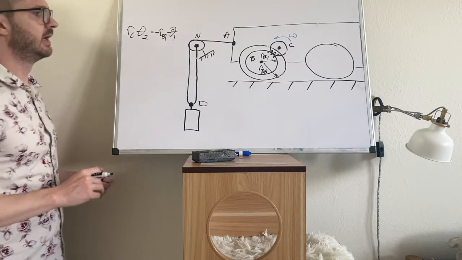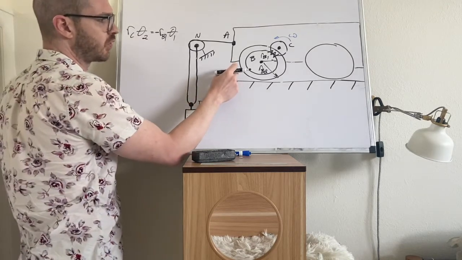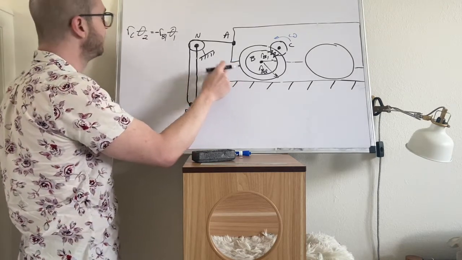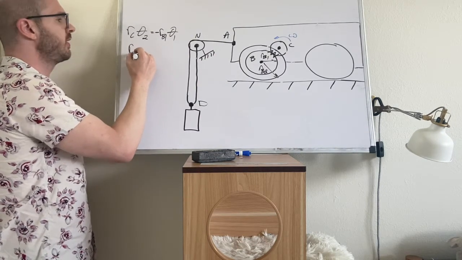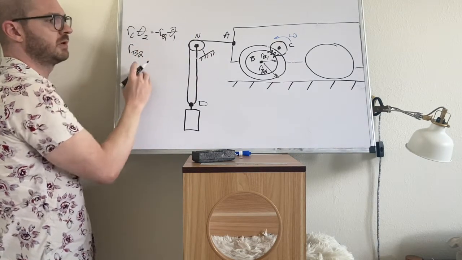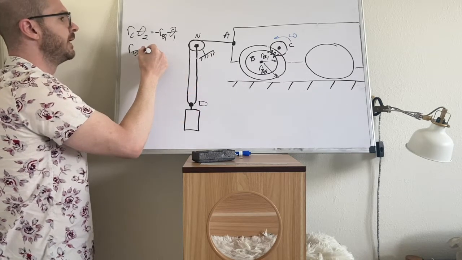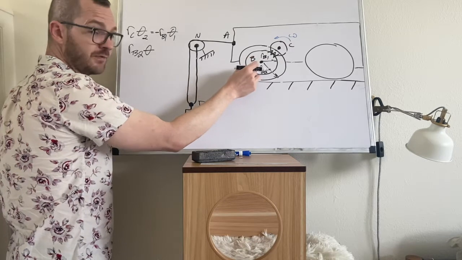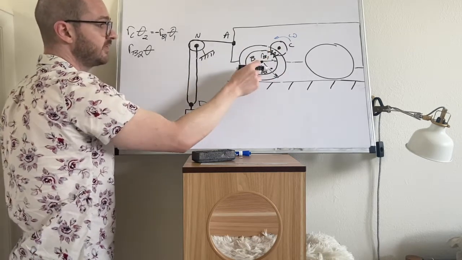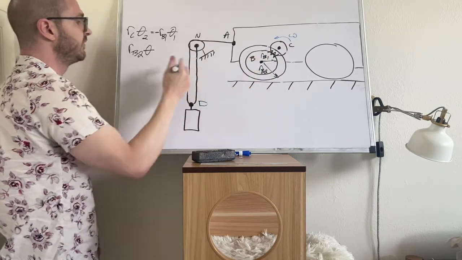Next, let's do the rolling constraint associated with the wheel. We've seen this before. This is RB2, right? Because we're looking at the outer radius. And then the rotation of the B frame, right? The big disc is body B, and the B frame is what's attached to it.